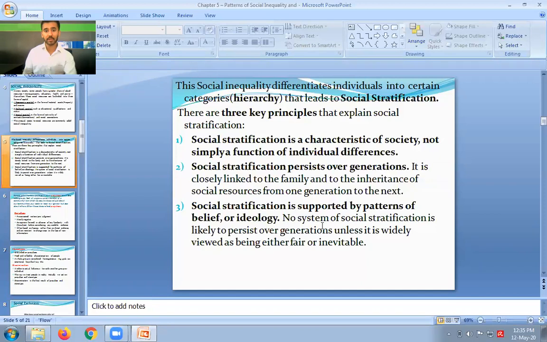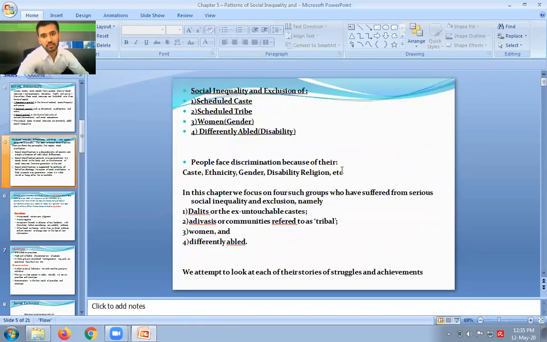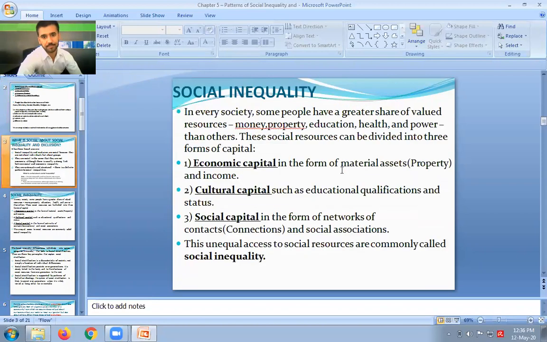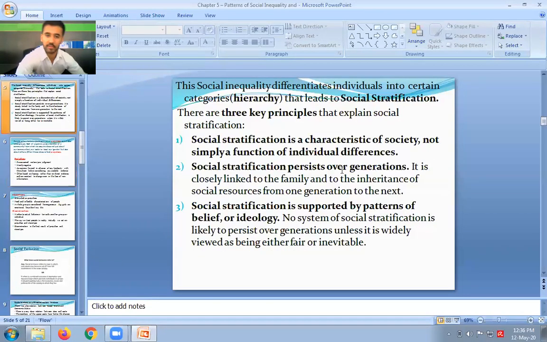So people think that it is fair, and people think that it is inevitable. That's the reason it carries on from one generation to another, because it is supported by belief and ideology, right? Okay, so we have understood the three principles of social stratification.